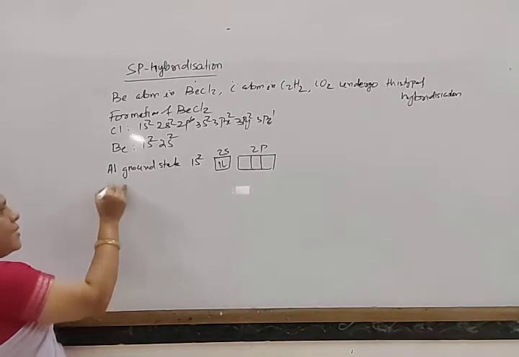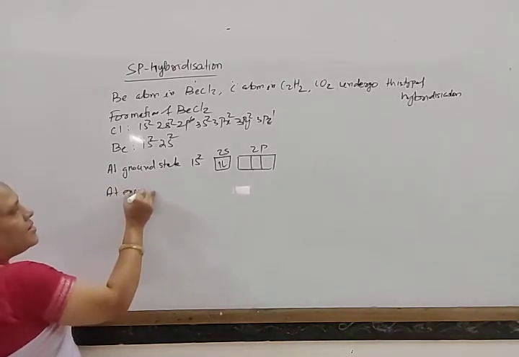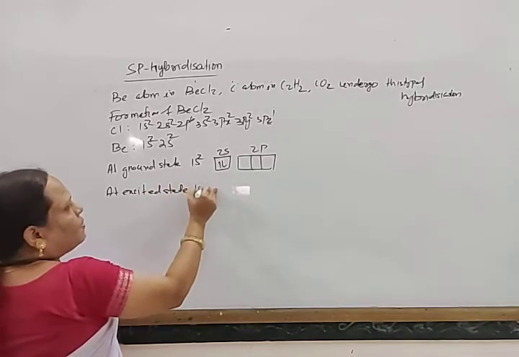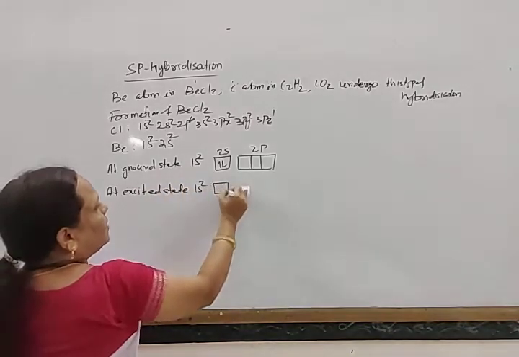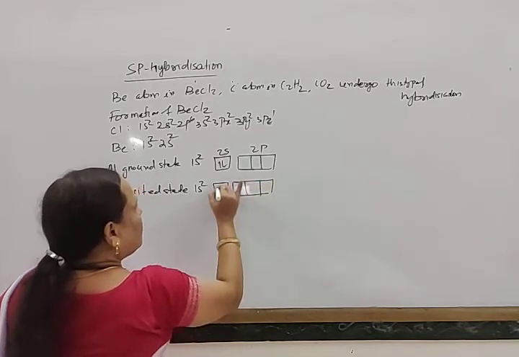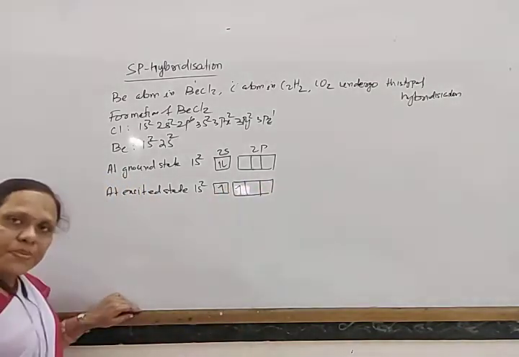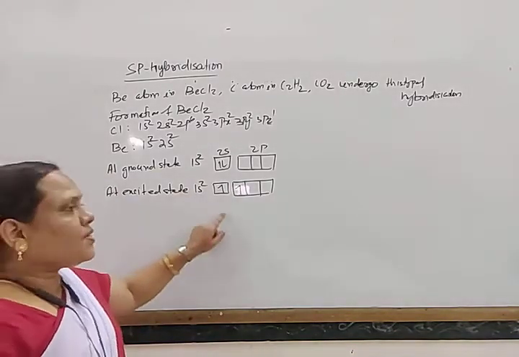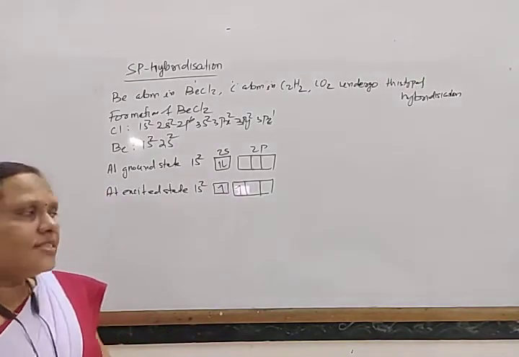And what happens at the excited state? At the excited state, one electron from the 2s orbital is excited and promoted to the 2p orbital. As the energy gap between them is small, one electron is excited.